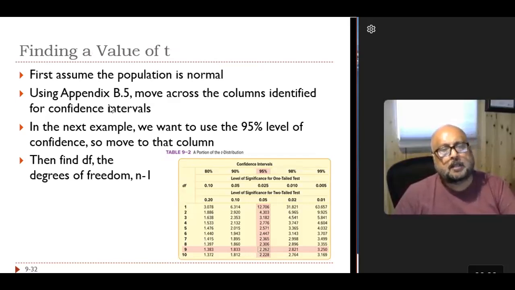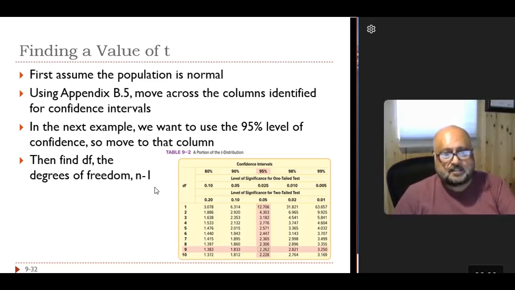First of all, the basic assumption is that the population is normally distributed, but we don't know the standard deviation of the population. So again, for the confidence interval, assume that it's 95% confidence. We have to find the degrees of freedom, which is n-1.